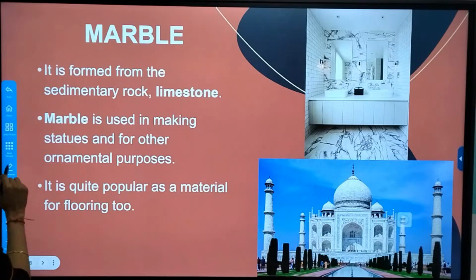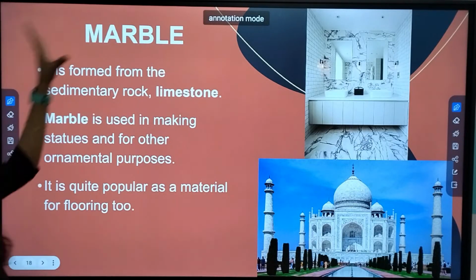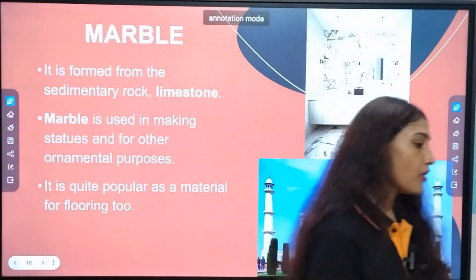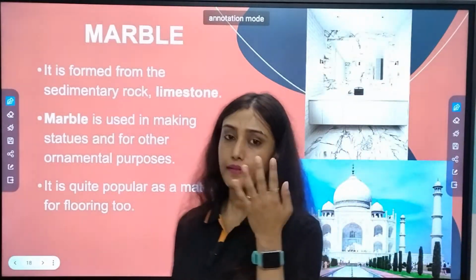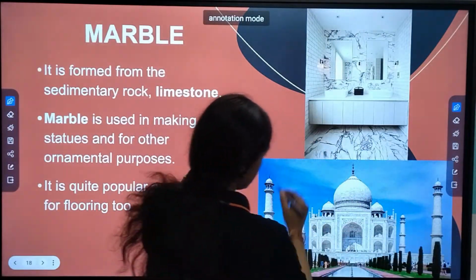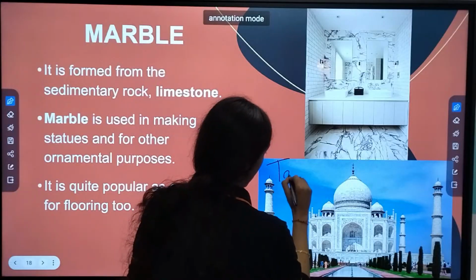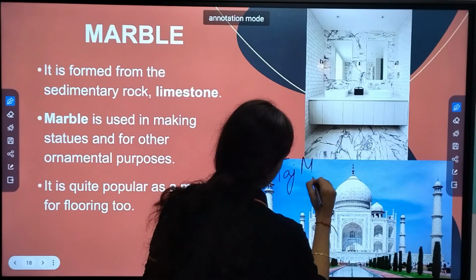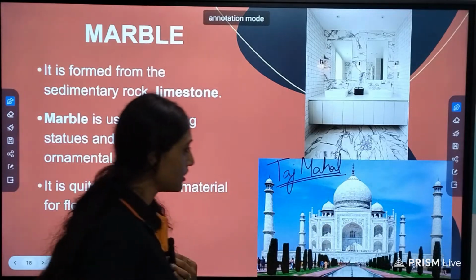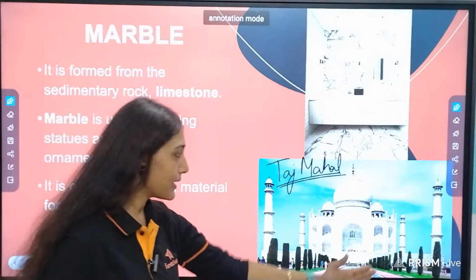Marble. You have often heard this name, marble. Many of your floors are made up of marble. Okay, so just see what this is. This is Taj Mahal. Every Indian knows about Taj Mahal.